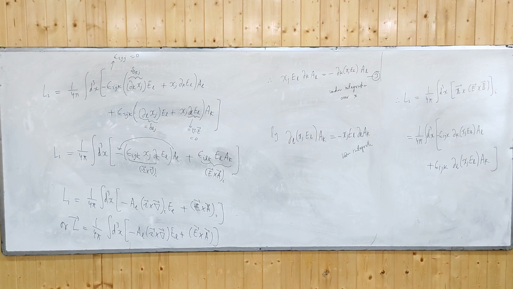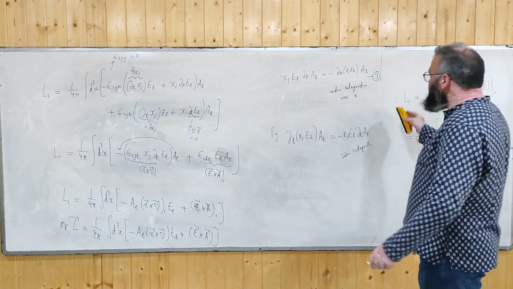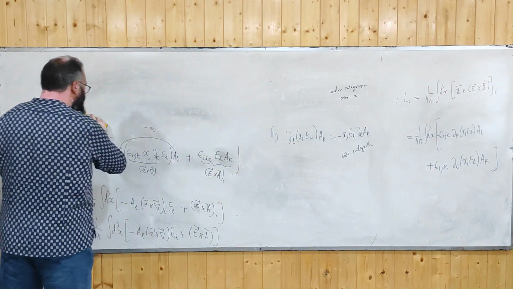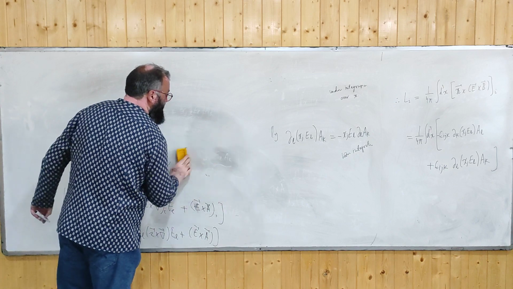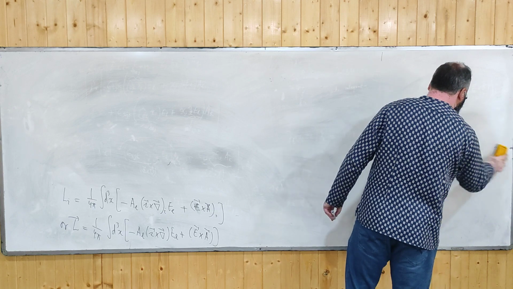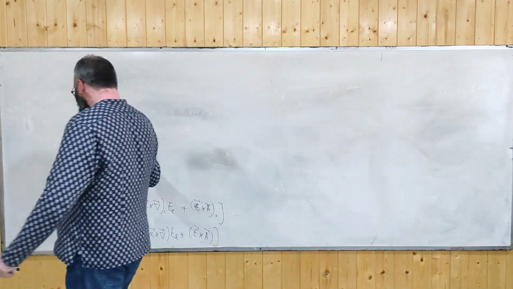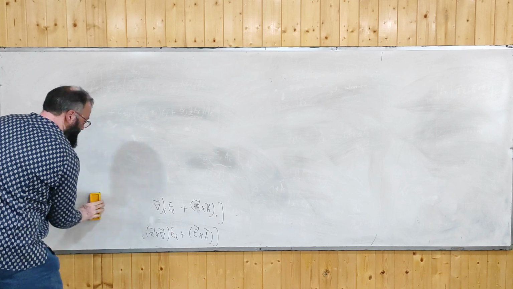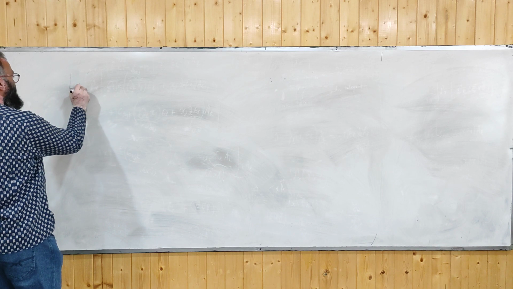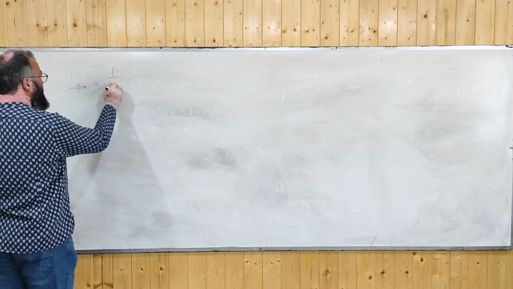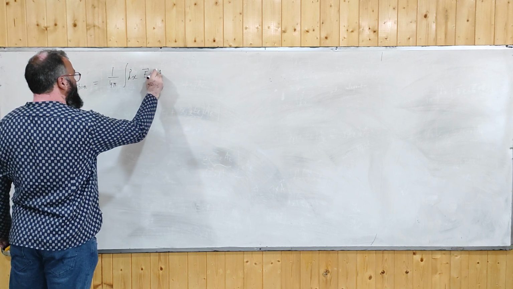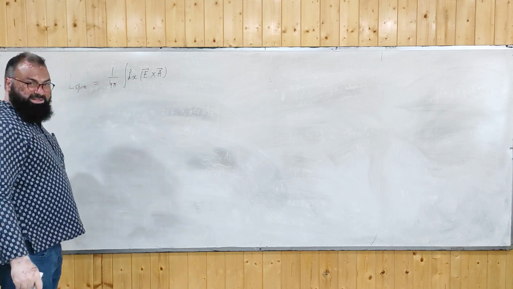Okay. So now let's calculate it. Any question? Okay, so our spin angular momentum, L spin, is equal to 1 by 4 pi integral d3x E cross A. Okay, so let's try to calculate it.